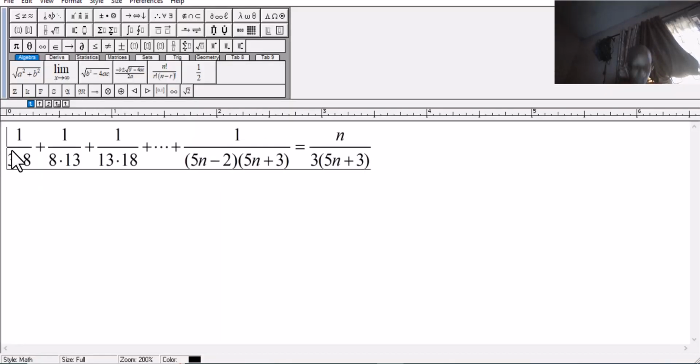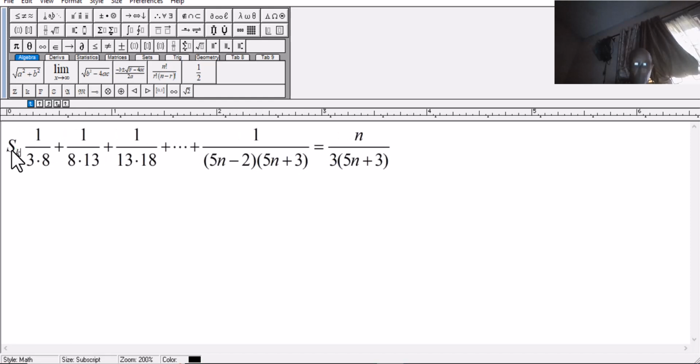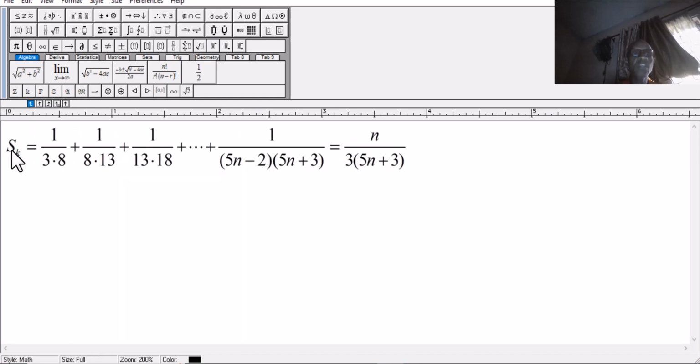Now let's assume that everything in this is equal to, let everything in that be.